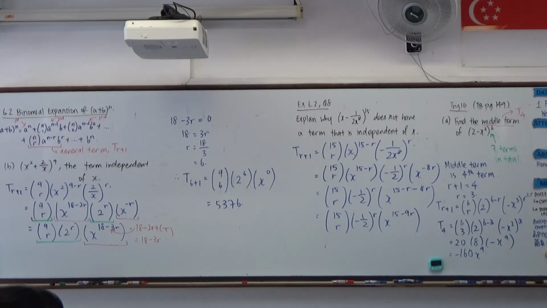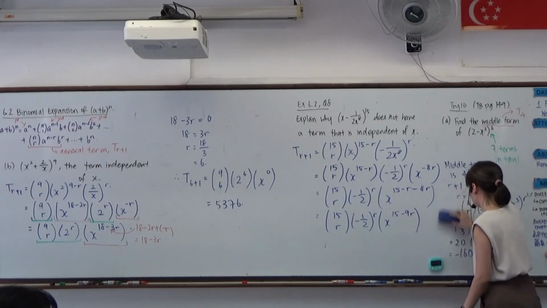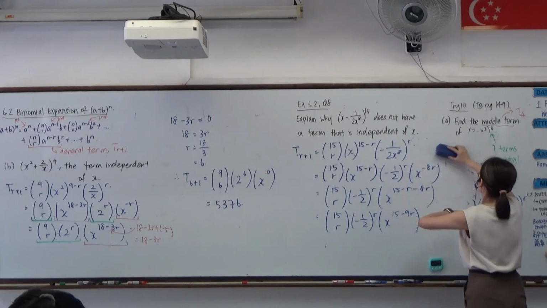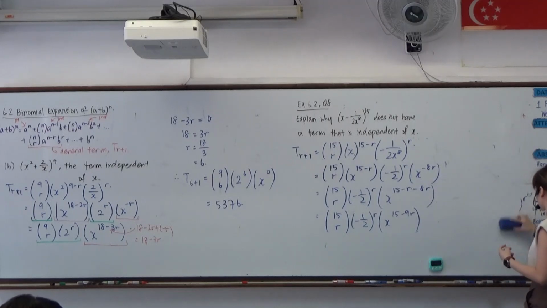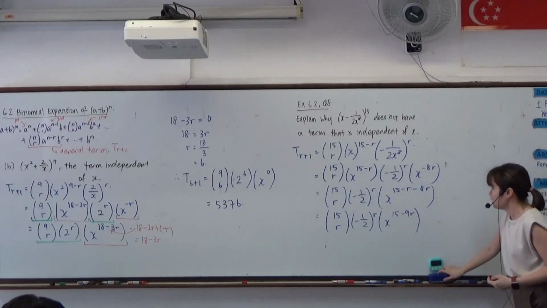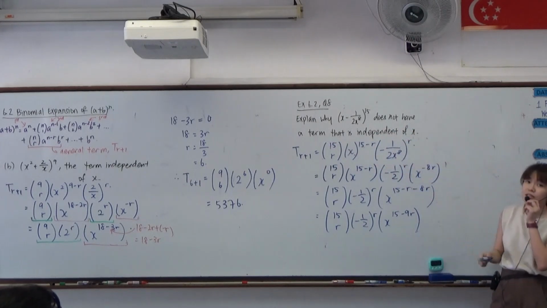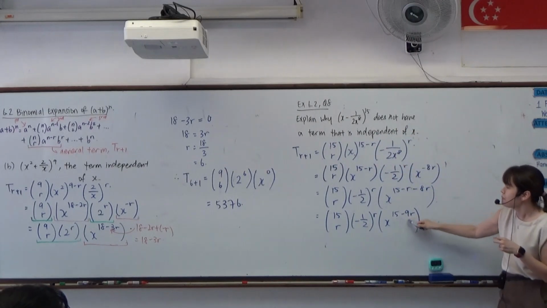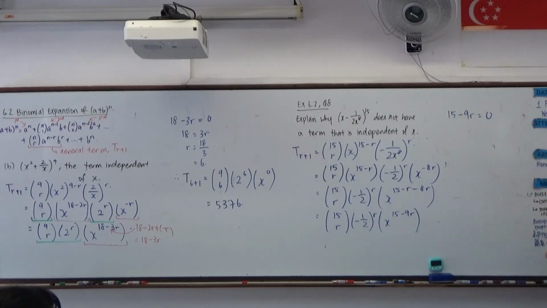In this case, we want to answer the question. We want to explain why it doesn't have a term that's independent of x. Let's try: if I can solve this equation, that means there is a term independent of x.